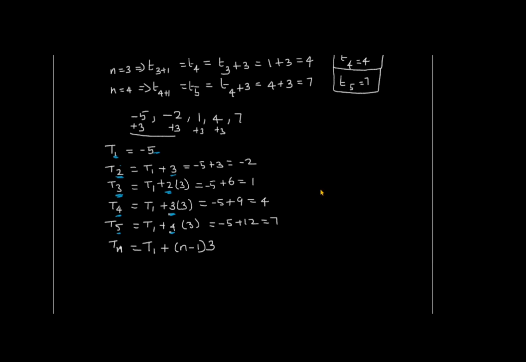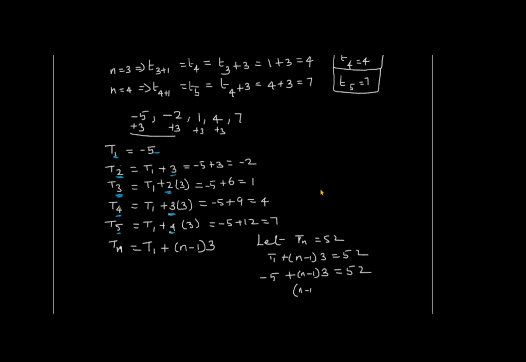So using this, we can check whether 52 is a term or not. We are going to consider, let Tn is equal to 52. So T1 plus n minus 1 into 3 is 52. T1 is minus 5, so minus 5 plus n minus 1 into 3 is equal to 52.